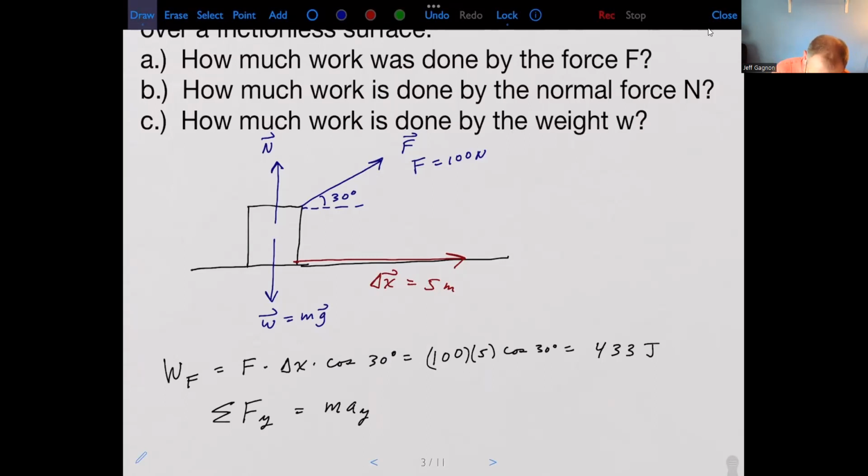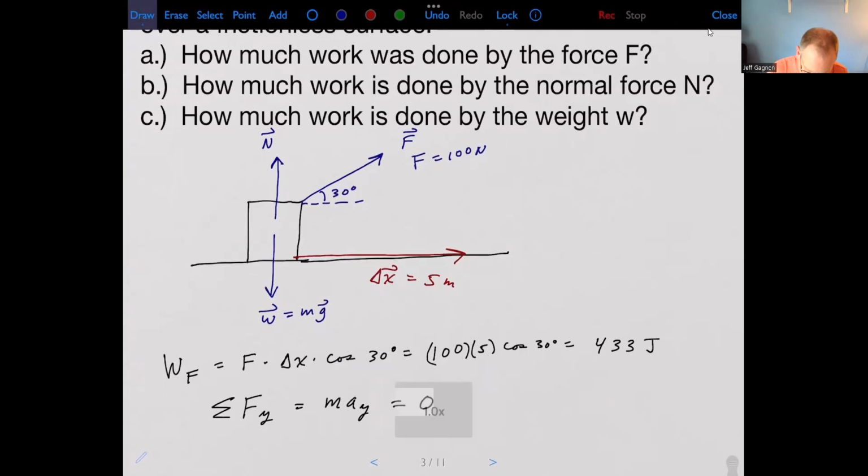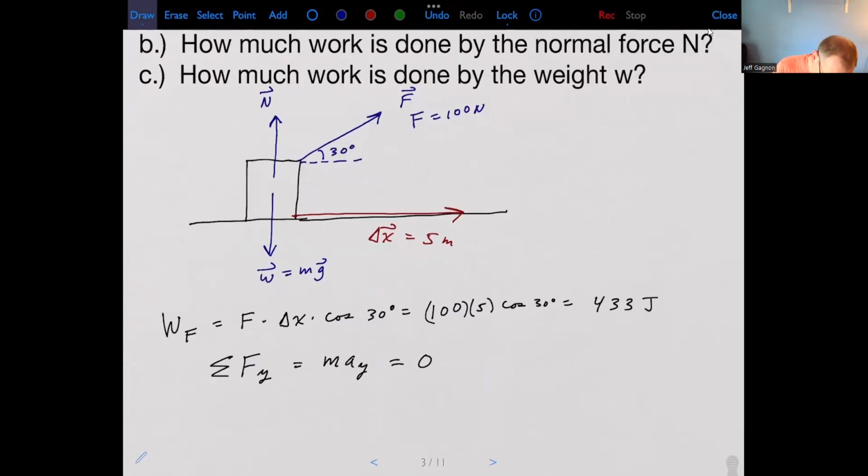It's not moving in the y direction, so that's going to be 0. So I want really the y component of the normal force plus the y component of F plus the y component of the weight, and that's got to equal 0. And I'm assuming that my coordinate system is like this, where x is to the right and y is vertically upward.